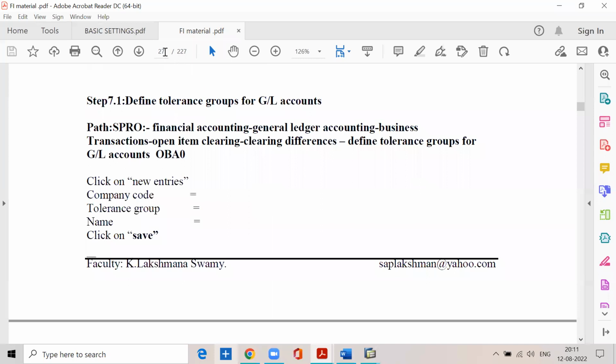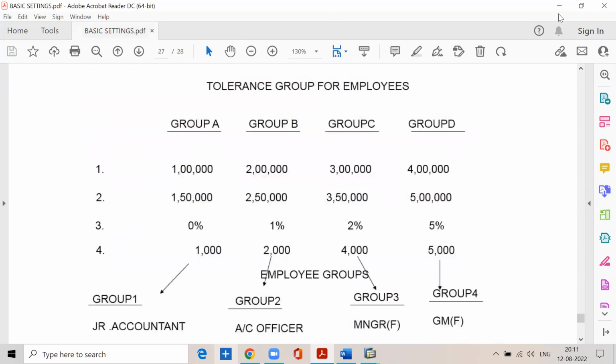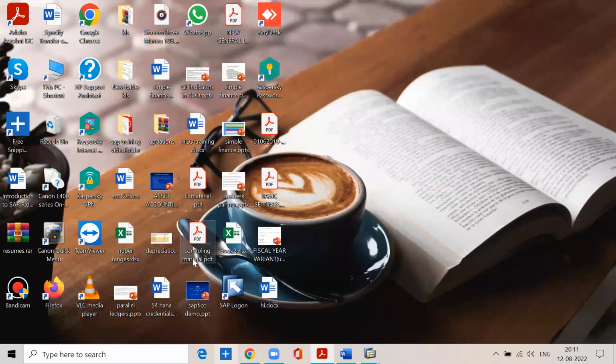Once you take the printout, get it spiral bound, copy the settings from the old material to the new material, and discard the old material. From Tuesday onwards, you have to keep the new material only with you, right? Once we complete FI, then we start CO. Before starting CO, I will send you the controlling material.